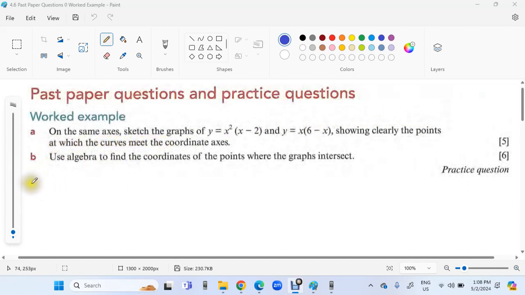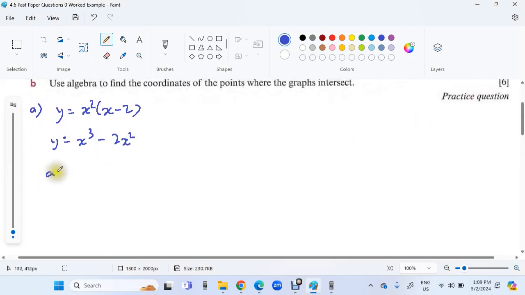So for part A, we have y equals x squared multiplied by x minus 2. Then this is y equals x cubed minus 2x squared. We know that a is positive, so the shape of the graph will be something like this.